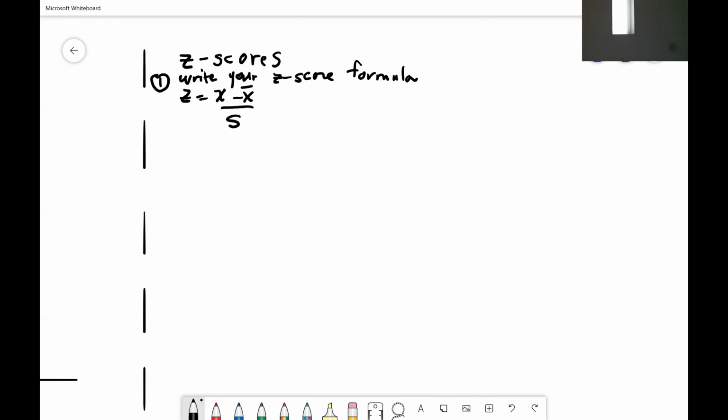And then I might say the following. X bar is 200, s is 20. The distribution is approximately normal. Right?